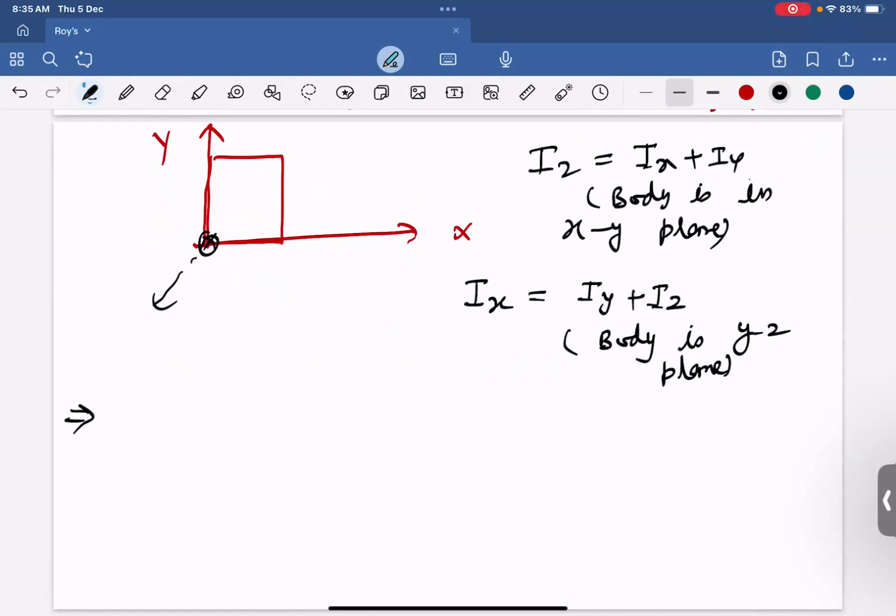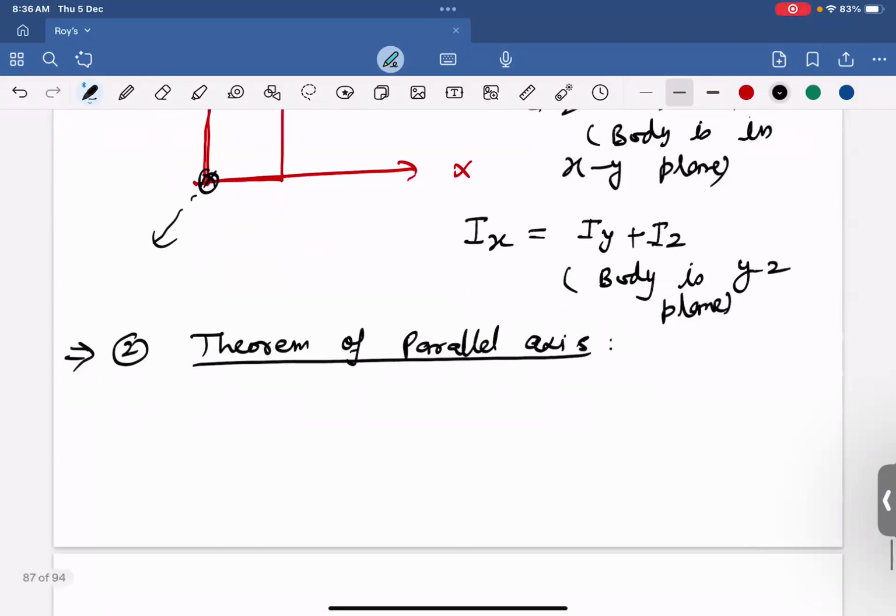Now, the second theorem that we are going to discuss is called theorem of parallel axis.